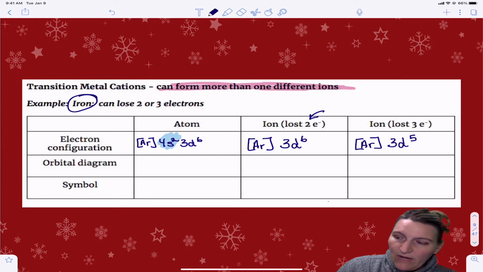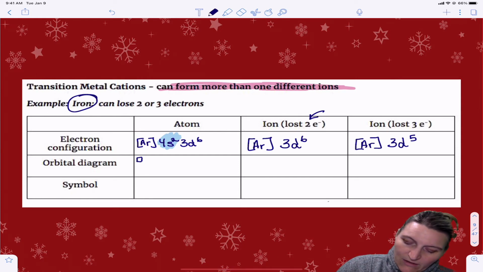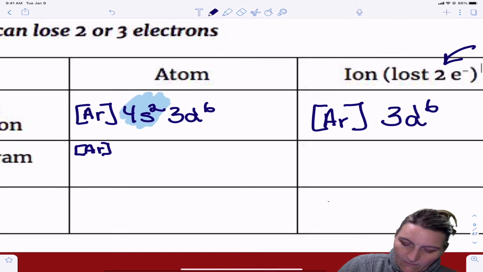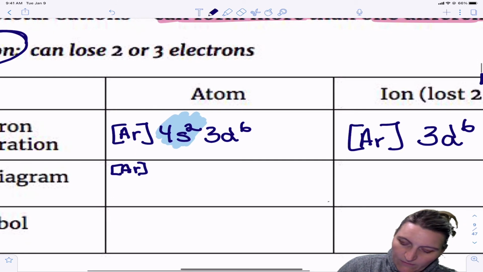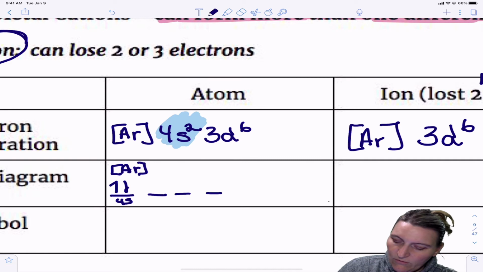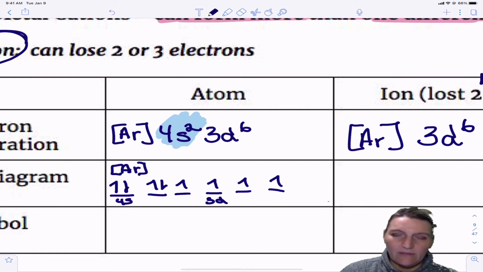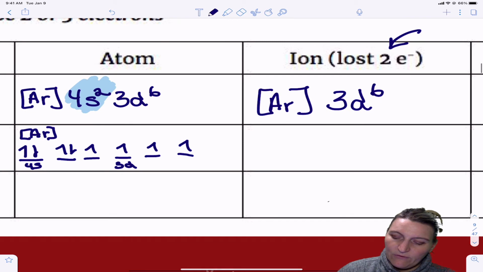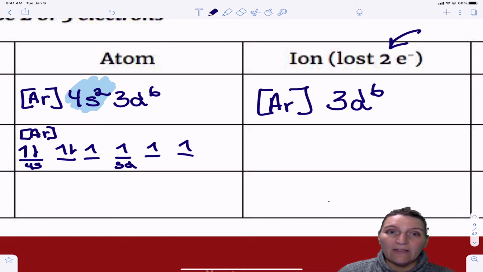So if I do its orbital diagram, this may get a little small here. So here's argon, and then it would be 4s2, and then 1, 2, 3, 4, 5, 3d, and 1, 2, 3, 4, 5, 6. Now think about its ion after it loses 2 electrons. Remember, it loses the s electrons first.